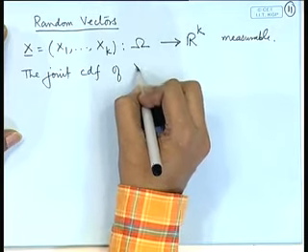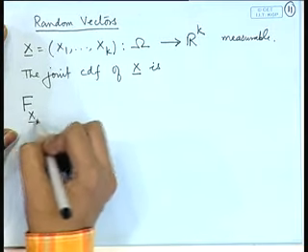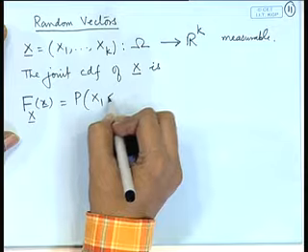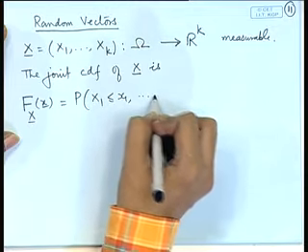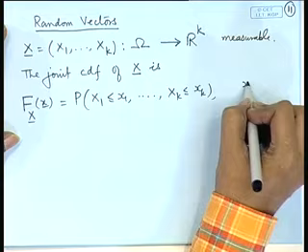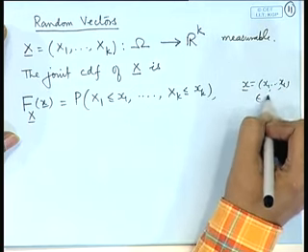Joint CDF of X is defined as F_X(x) as probability of X1 less than or equal to x1, ..., Xk less than or equal to xk, where this point x is equal to (x1, x2, ..., xk) belongs to R^k.